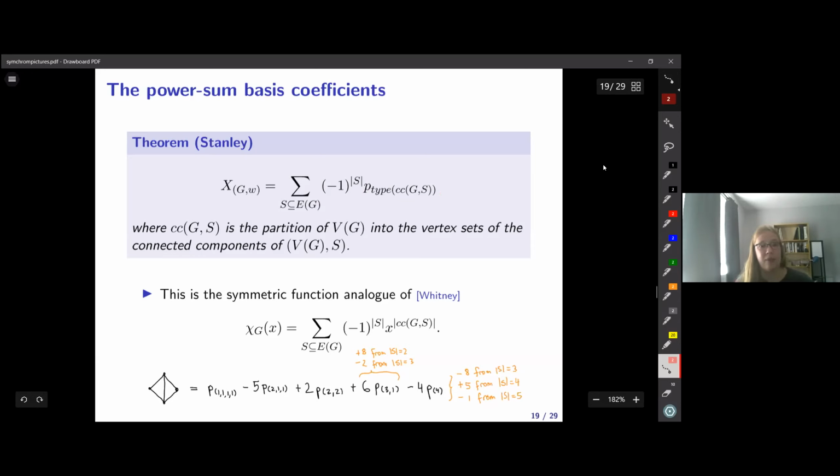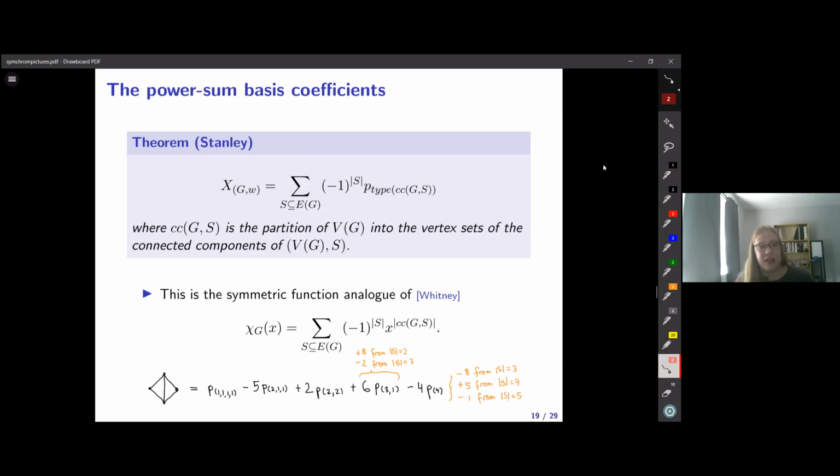Which Stanley, by the way, proved without deletion contraction. But our innovation to this theorem is we can add a W here, which I felt did not merit adding our names up here, which would have been a bigger change than our change to the theorem.